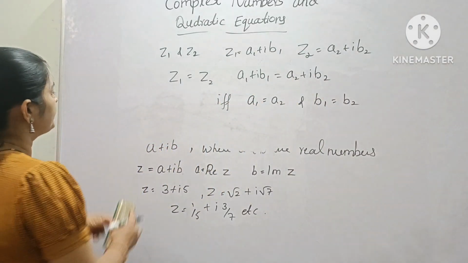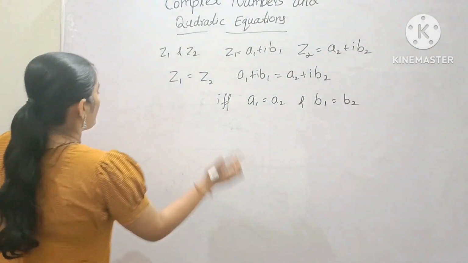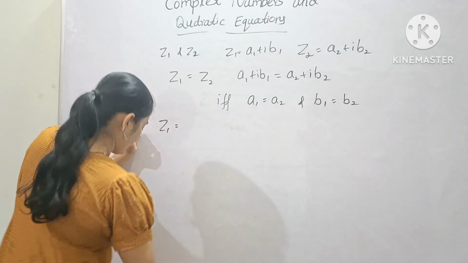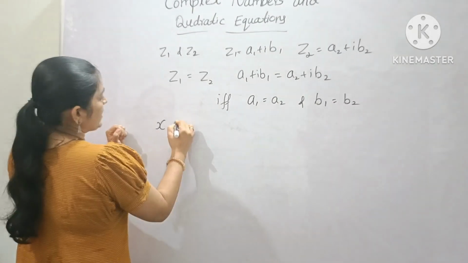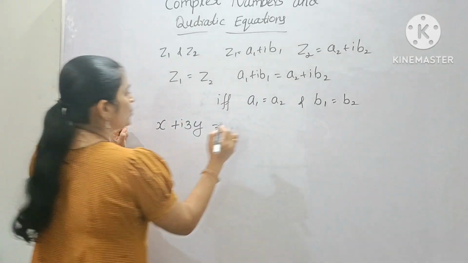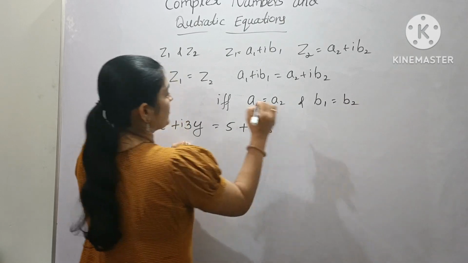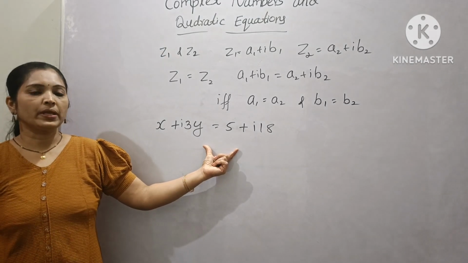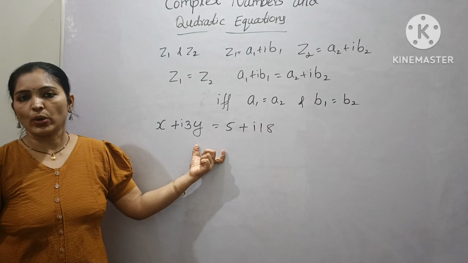Let us take one example. Here z1 is equal to x plus i3y is equal to 5 plus i18. These two complex numbers are equal. So, what is the value of x and y?